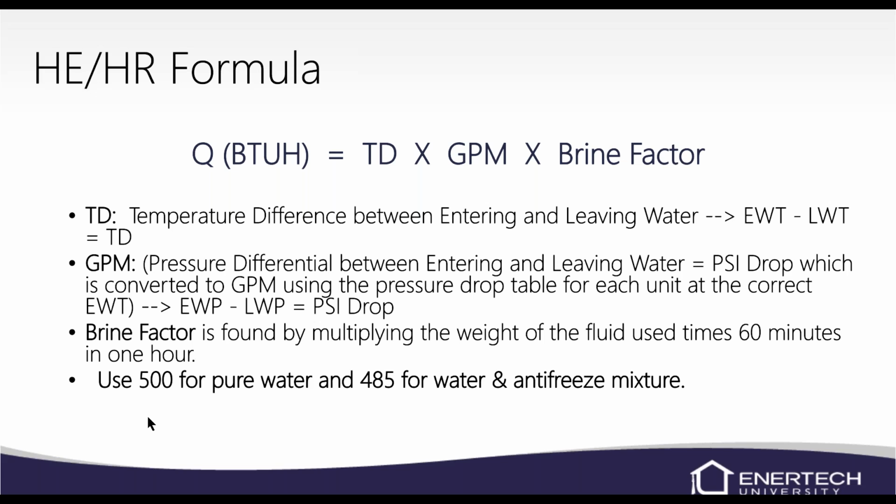But this is an average, and it'll get you where we need to be. So 500 for any time we have pure water, which would be like an open loop system, or if you're down in the Caribbean or southern Florida, where we don't have to worry about the water freezing. And then use 485 for any time we're using antifreeze in our loop field. So a closed system where we're going to get below freezing on our water temperatures.